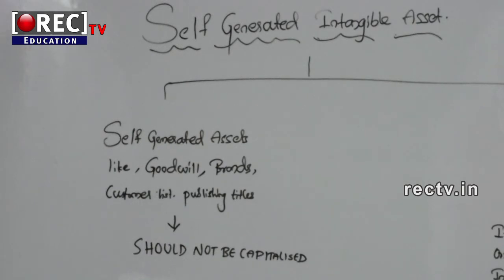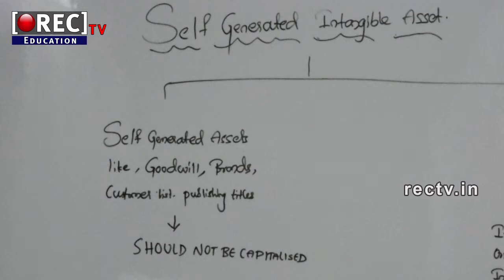And what is a customer list? How can a customer list be an intangible asset? For example, degree colleges and intermediate colleges: after 10th, some agents or some students or some people come and take your phone number for admission purposes in their colleges. For this they have a list of your numbers, but they can't generate income at that time, and they don't know whether there will be income from those numbers.